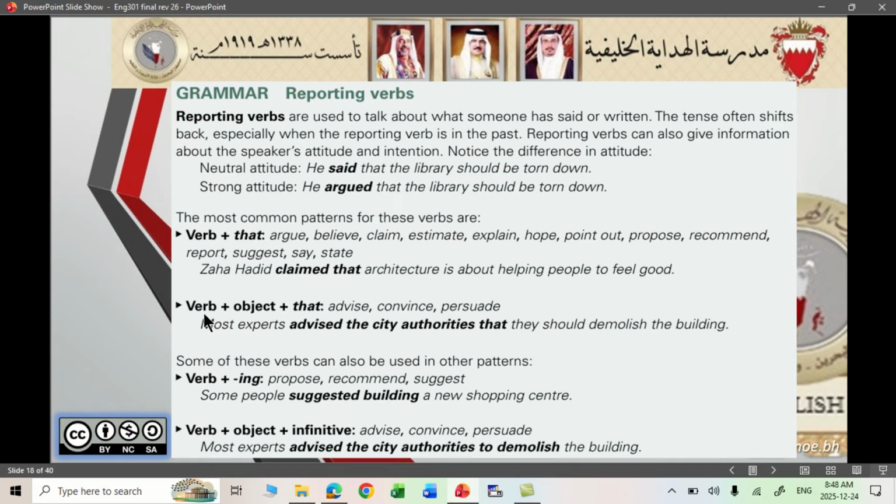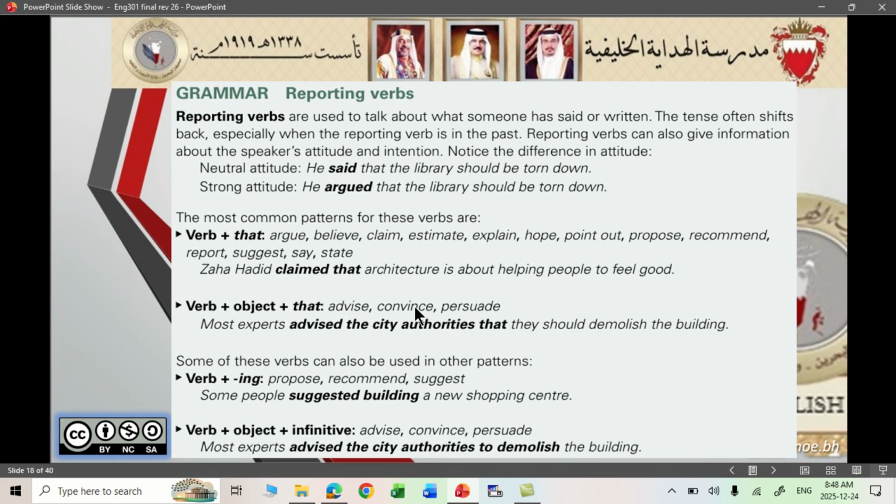However, we have some other verbs that come in that form. It is the verb plus the object and then that. So the object comes between the verb and the word that. Here are the verbs that follow that pattern.